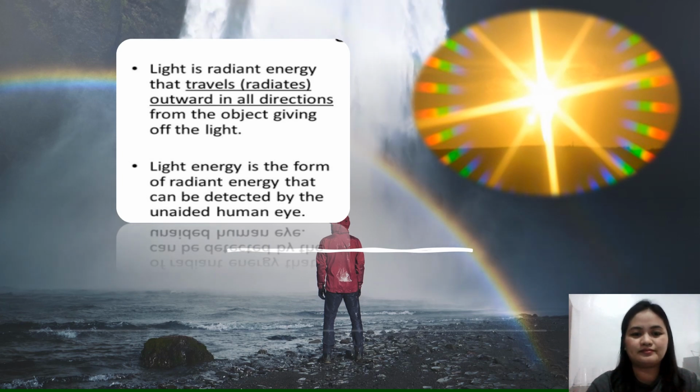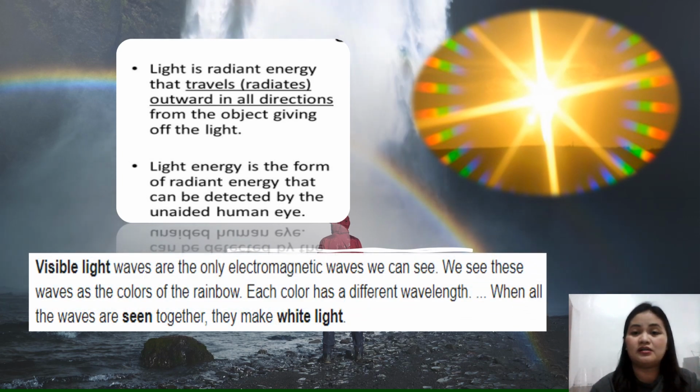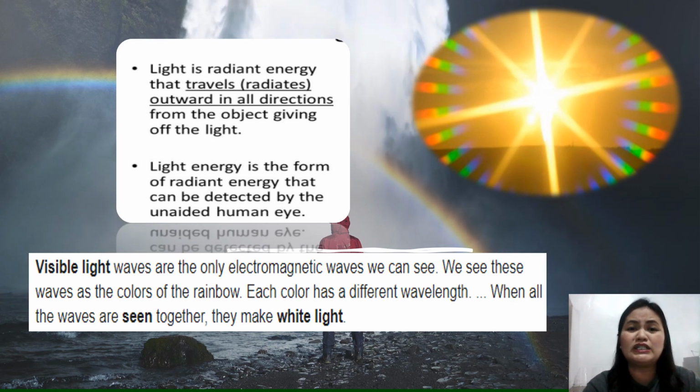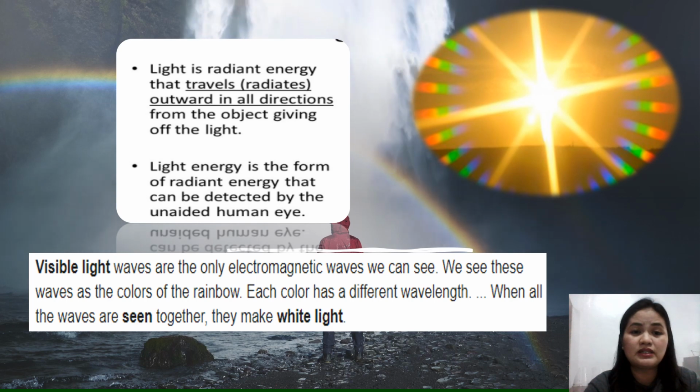Why? Because those rainbow colors are not yet reflected. They are not yet scattered or dispersed. How can these light colors be dispersed if there is a so-called prism? Let me read this. Visible light waves are the only electromagnetic waves that we can see.